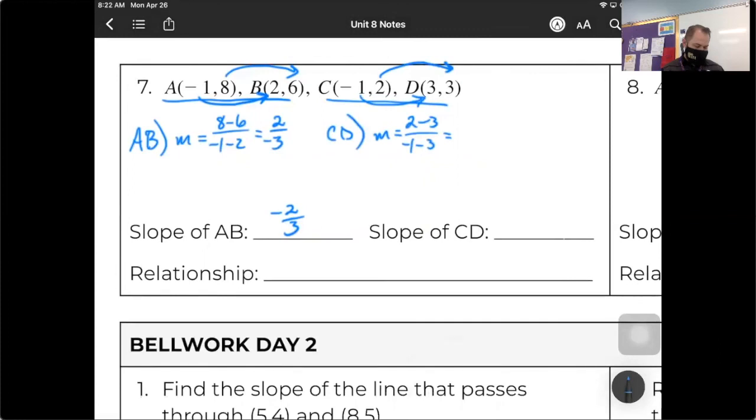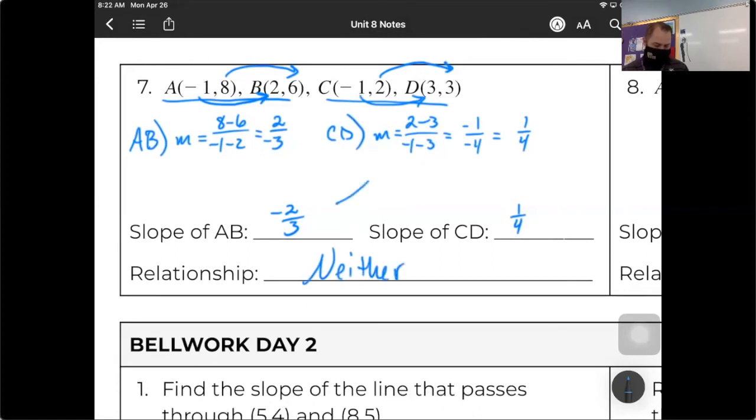We get negative 1 over negative 4, which is just 1/4. Are those the same slope as each other? No. Are they opposite reciprocals though? No, they're opposites, but they're not reciprocals. So they're not opposite reciprocal. They're not the same. What's the relationship? Neither.